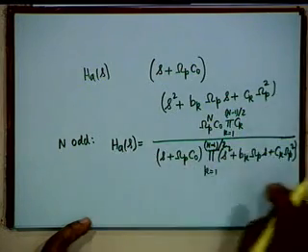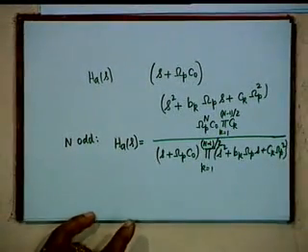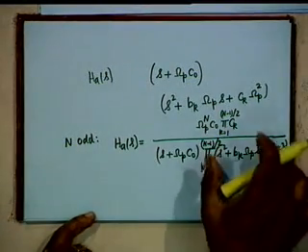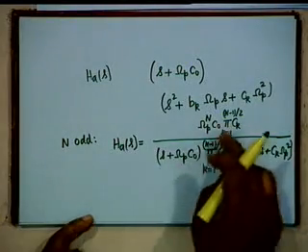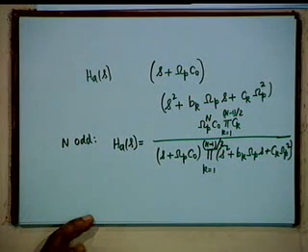We have brought all the denominator constants into the numerator. So the DC value of this transfer function would be equal to 1. For an odd Chebyshev filter, what is the DC value?